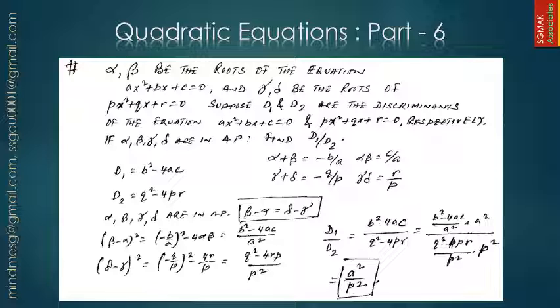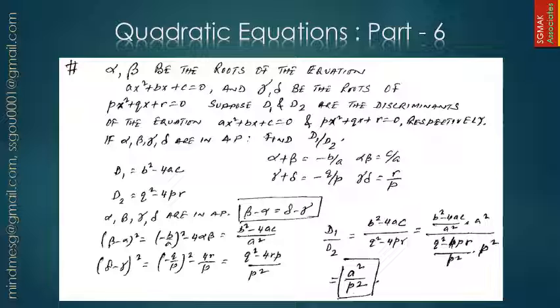So we'll be using the difference beta minus alpha and gamma minus delta. We convert them using the discriminant. Beta minus alpha squared is b squared minus 4ac over a squared, and gamma minus delta squared is q squared minus 4rp over p squared.